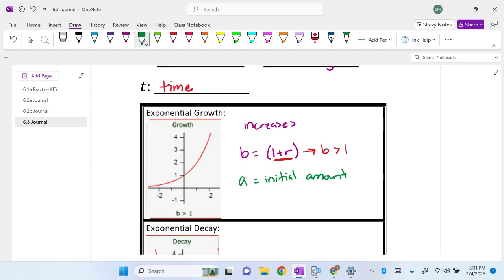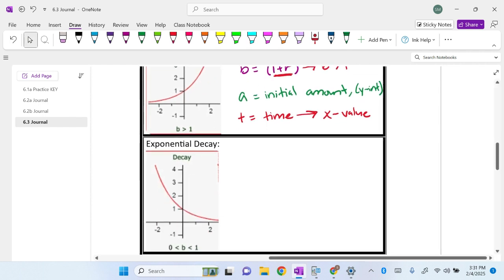It is also your y-intercept. And don't forget, t means time, and time relates to your x value. That would typically be your x value. And r, even though r is in the formula, does not replace any variable that we used previously. It is part of the formula to get your b value.